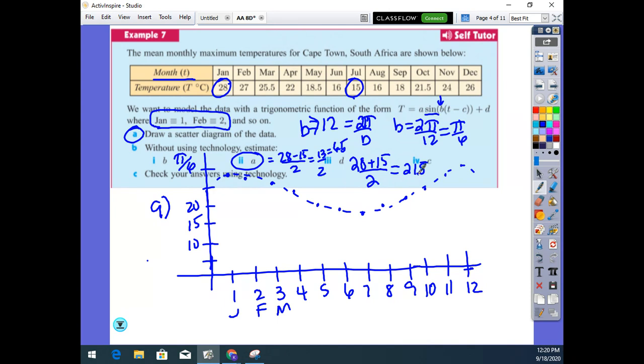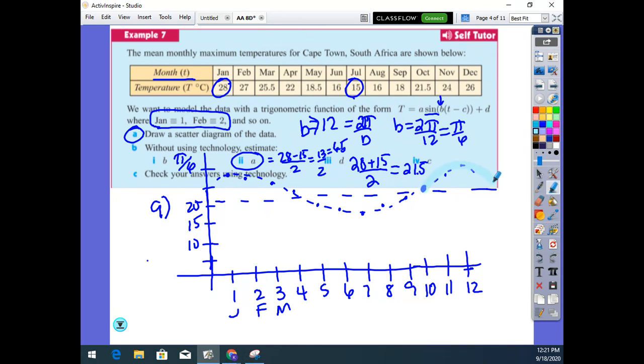And so when does it start? When does it hit that middle? When does that hit 21.5? So to me, it made sense. This has all been shifted.